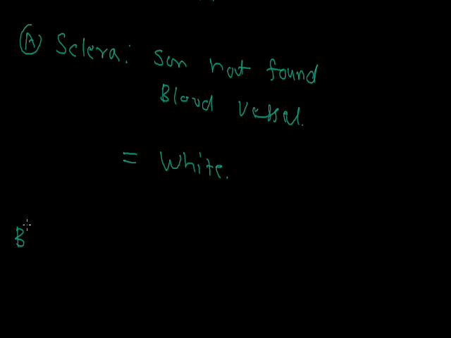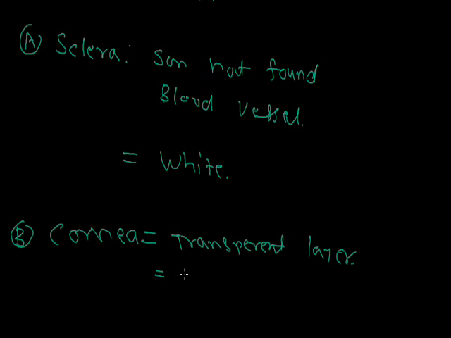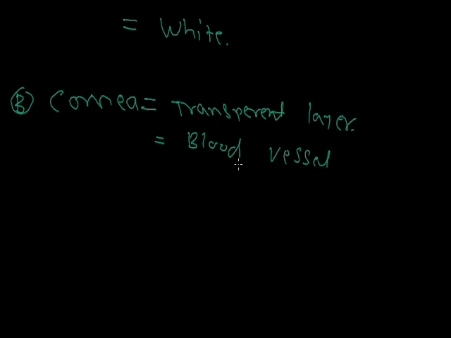The second layer of the fibrous tunic is the cornea. This layer is transparent and has no blood vessels, so cornea transplantation is easy.